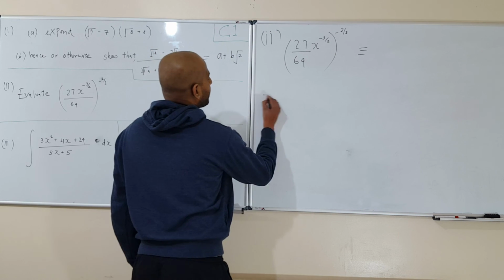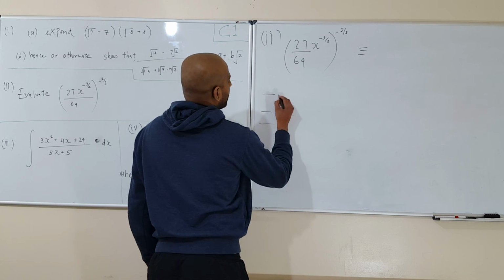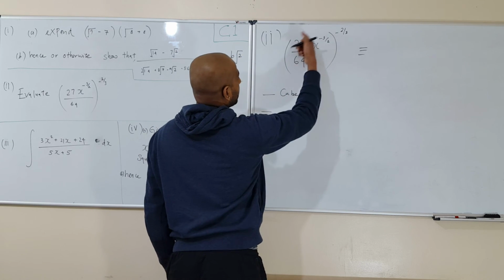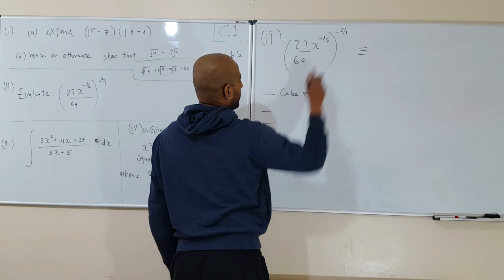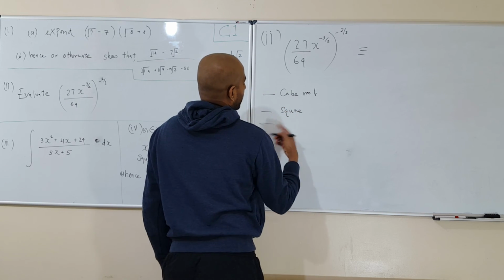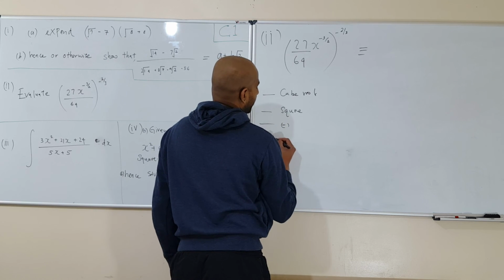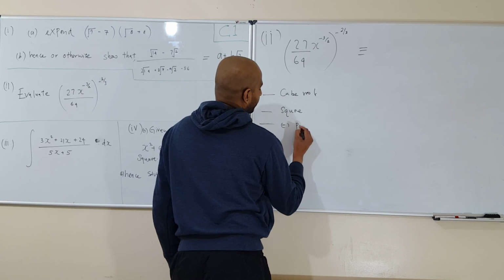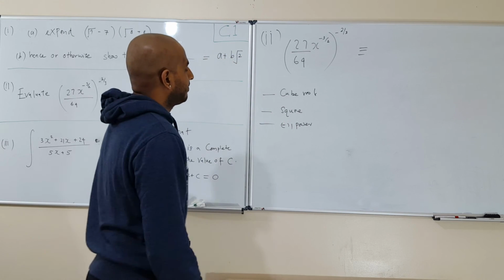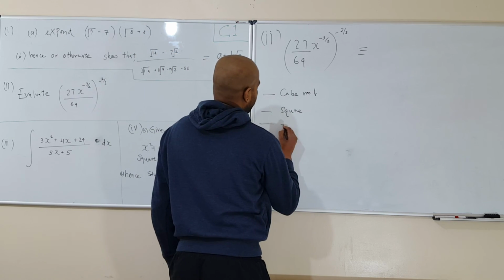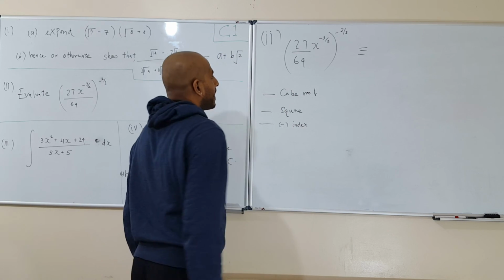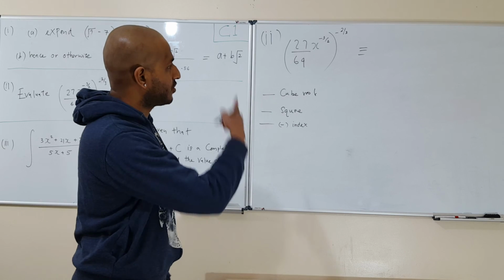First, cube root the whole thing, because there's a cube root there. Second, square it. Last one, the negative power, raised to the negative 1, the negative index for the whole thing. So let's do these steps one by one and we should get the answer.